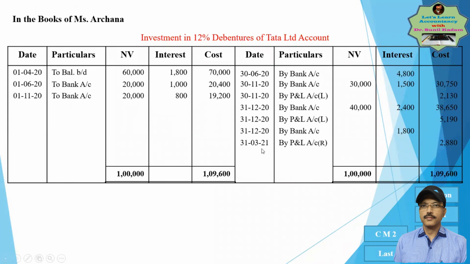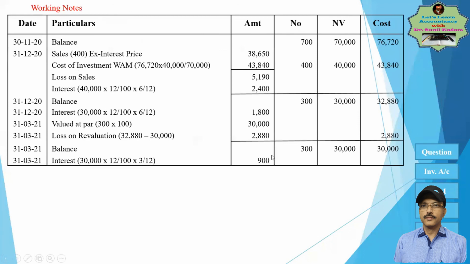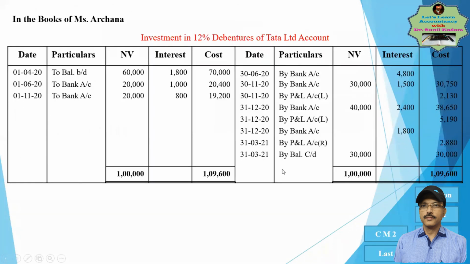The balancing figure we have to record at 31st March by balance carried down. The difference: 1 lakh minus 70,000 is 30,000, and 1,09,000 when you deduct all these comes to 30,000, because we have adjusted the difference 2,880. And in the last working note, we have calculated the interest 900, which has to be recorded.